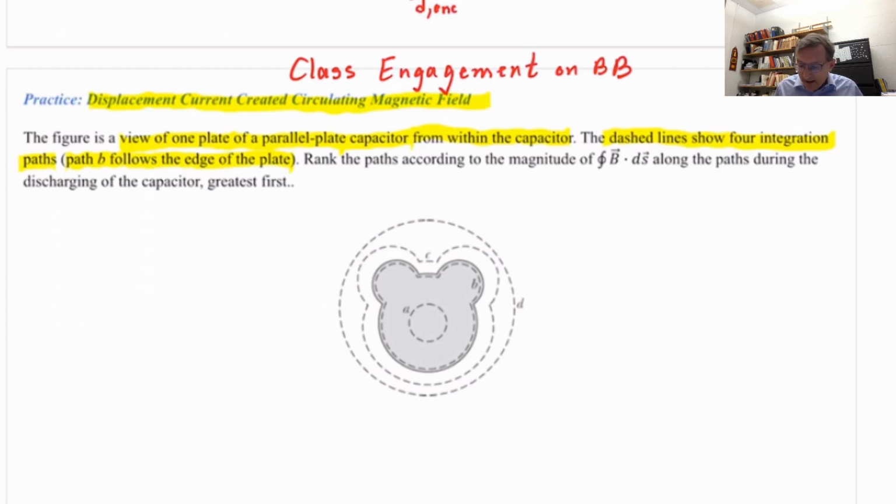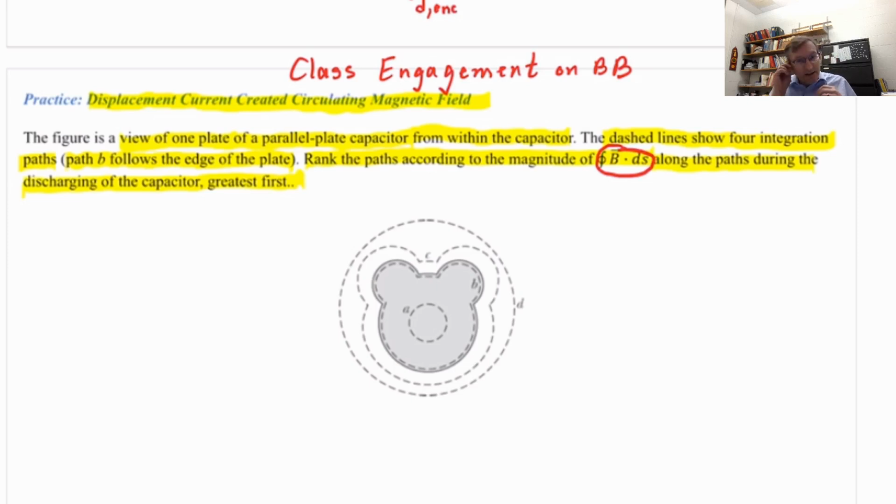You are to rank the paths according to the magnitude of the integral of B dot ds along those paths, and we are looking at the case where the capacitor is discharging. So we're ranking the magnitude of that integral, biggest to smallest, for those loops. A is the small one, B is next, following the shape of the plate, C is bigger, but follows the shape of the plate, and D is just a big circle.